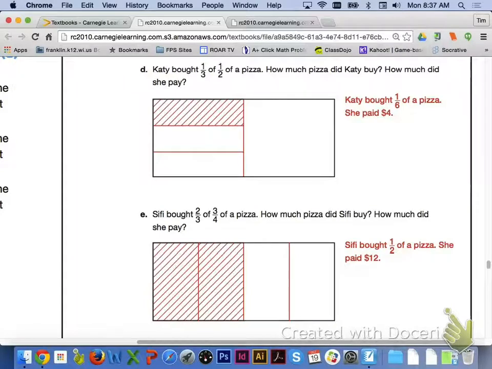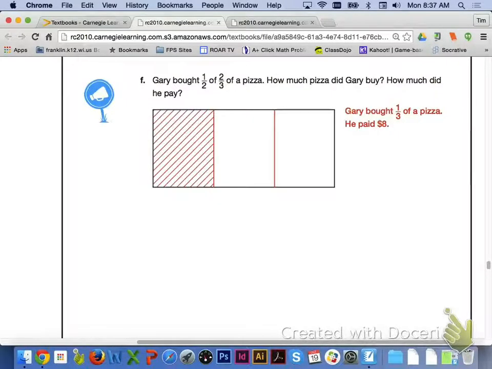Letter D, 1/3 of 1/2, Katie is going to buy 1/6 of a pizza, and she is going to pay $4. For letter E, 2/3 of 3/4, Sifi is going to buy 1/2 of the pizza and pay $12. And finally, for letter F, 1/2 of 2/3, Gary is going to buy 1/3 of the pizza, and he is going to pay $8.